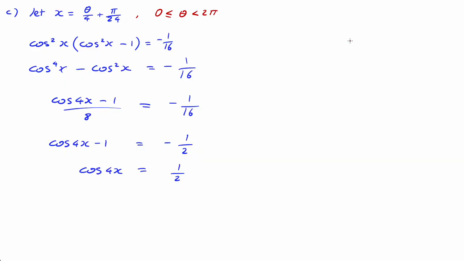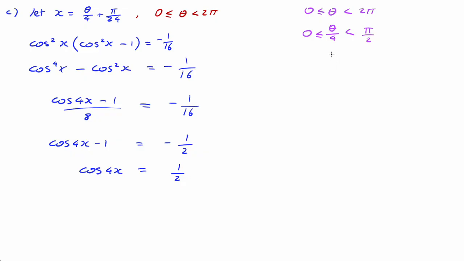Well, okay, let me just go over here to the side. So if theta is between 0 and 2 pi, which means theta over 4 is between 0, dividing this by 4, and divide this by 4, which is going to be pi over 2. And then I'm going to add pi over 24.